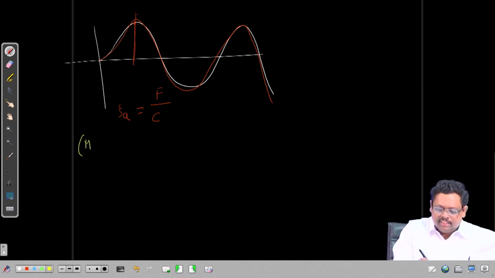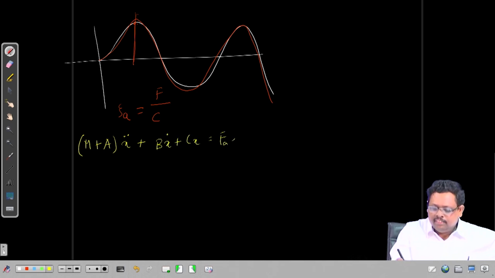See, the equation is (m plus a) x double dot plus b x dot plus c x is equal to f a e to the power i omega t.